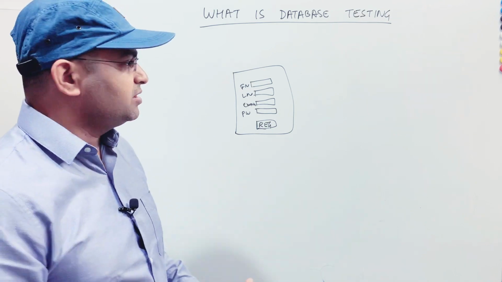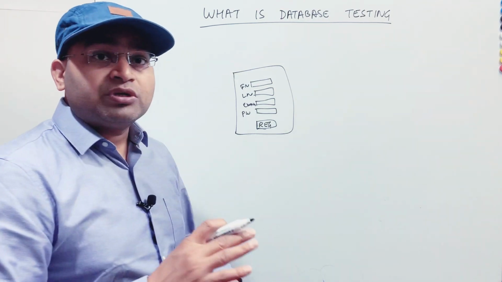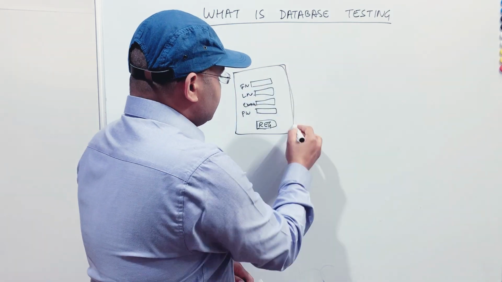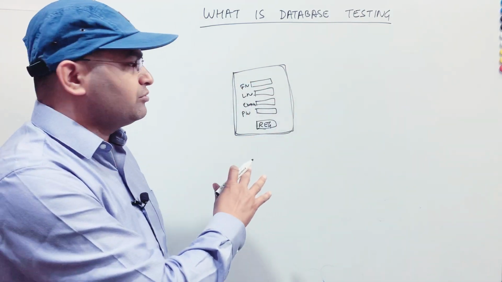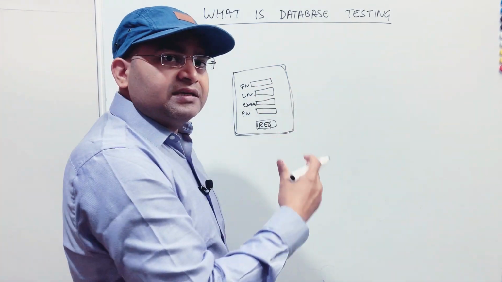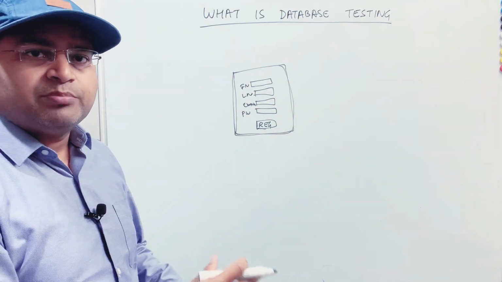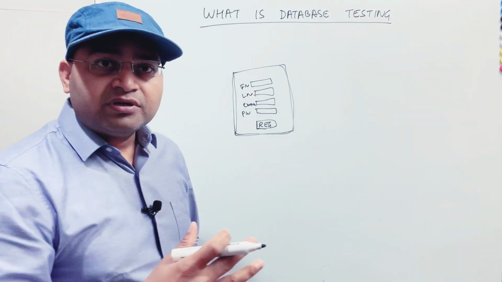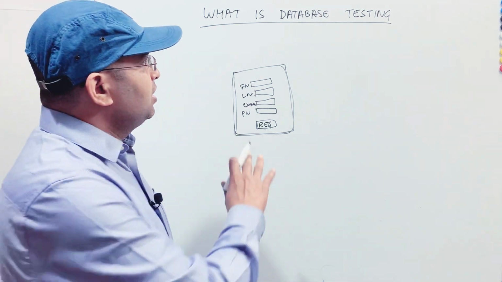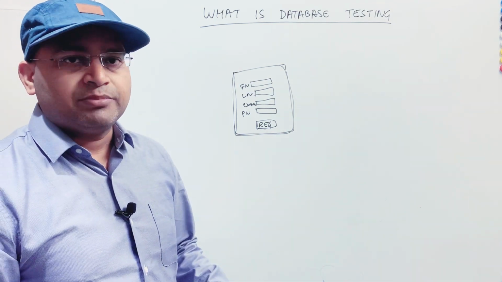How do you get that message? That's where this front end and back end thing comes into the picture, and I'll try to keep it very simple. I won't go into many technical details. So this instance here which you are accessing on the browser is the front end. Now once you submit, all this data goes into the database, right? There are lots of databases available, and I'll cover the complete database tutorial in a separate series because it's a vast topic, but for now I'm just covering the basics of database testing so that you know what exactly database testing is.